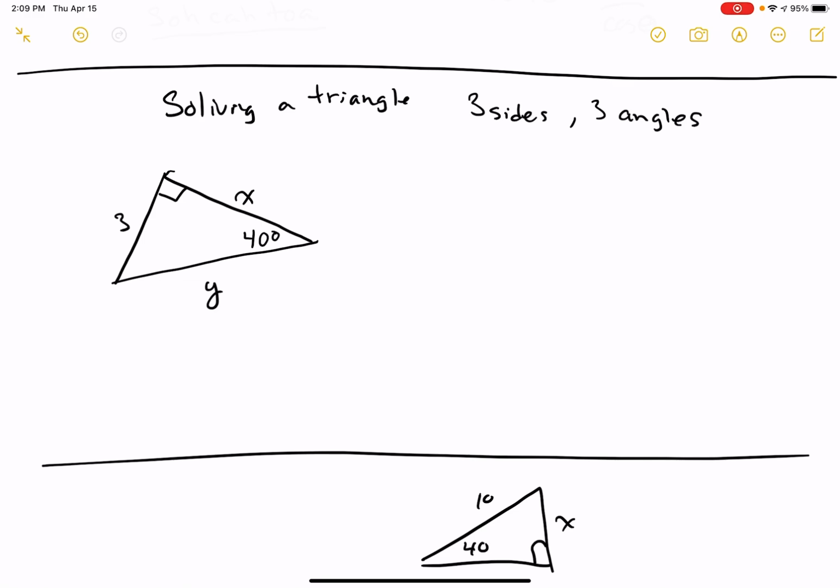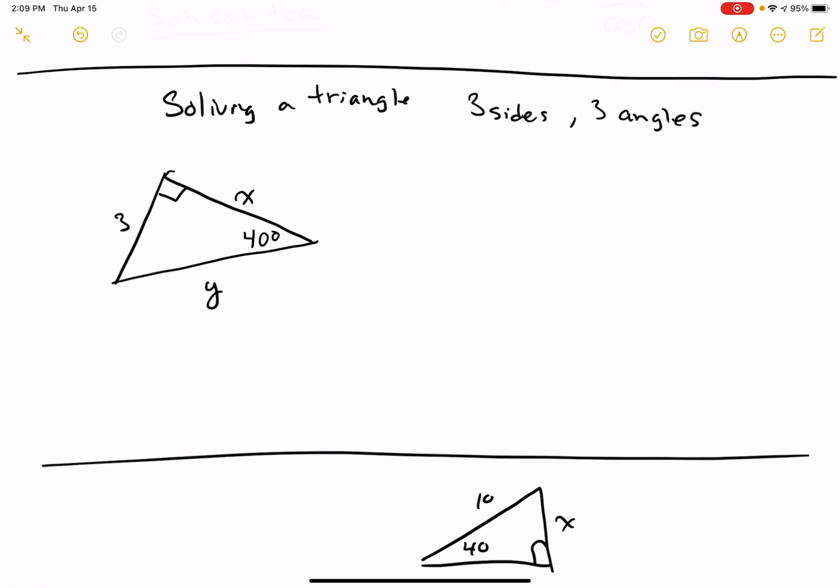Whenever we do our trig functions, you identify which variable you want to work with first. In this case, let's work with x. We're given 40, and then we're given 3. So I have this angle here, I have the opposite side, and I'm looking for the adjacent side.